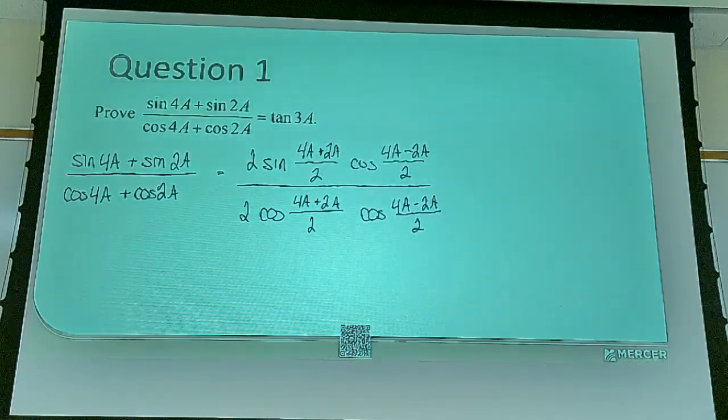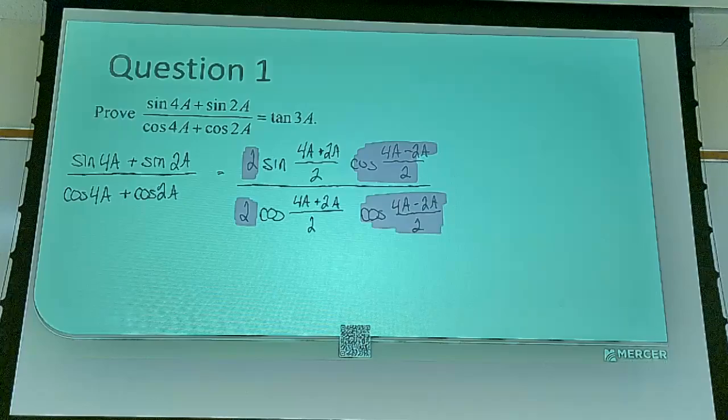And if we look at a few things, you have 2 over 2, right? That's 1. But we also have that cosine term in both the numerator and denominator. That's also 1. What we're left with, sine of 4a plus 2a over 2.